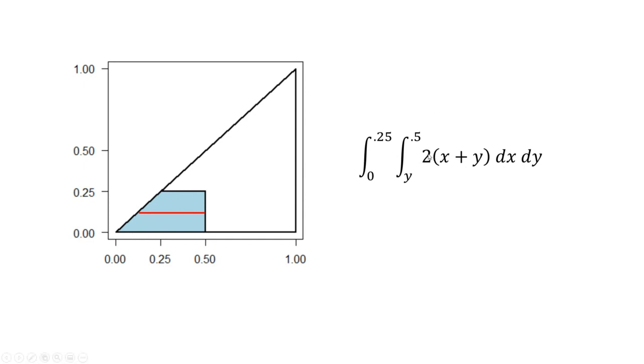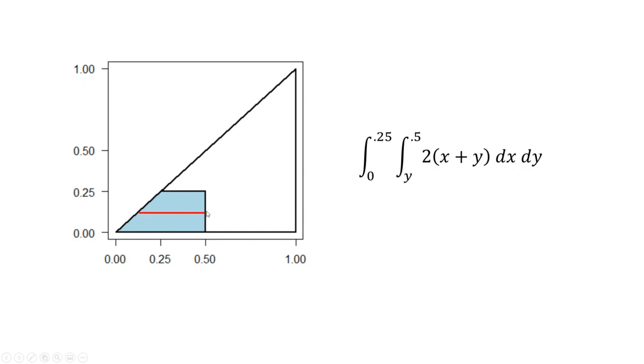So our integrand is our density function, 2 times the quantity x plus y. Our bounds of integration, so for x, we look at the endpoints of our example rectangle. So the left hand or lower endpoint, x is equal to y, because this is the line y equals x.